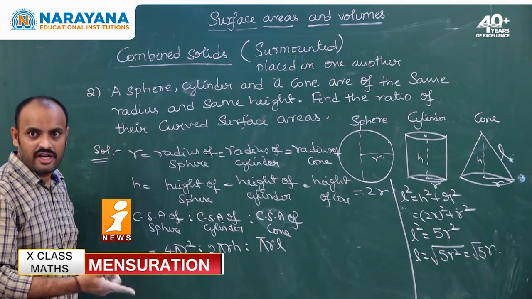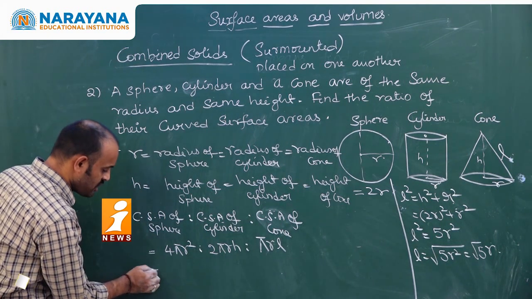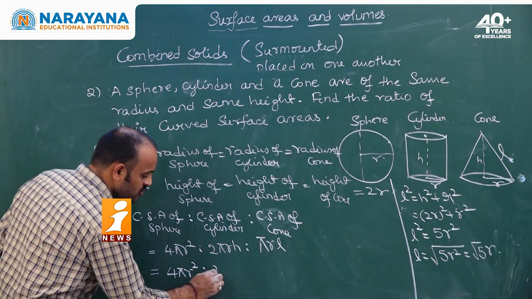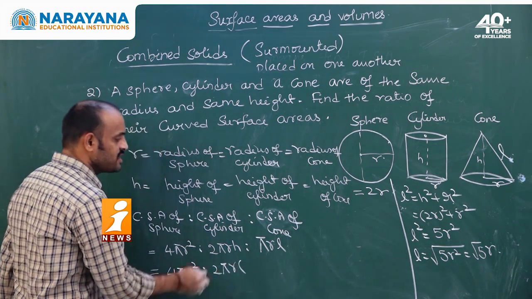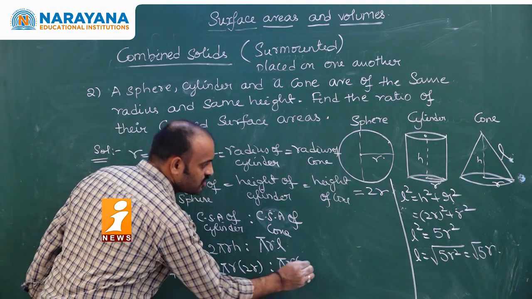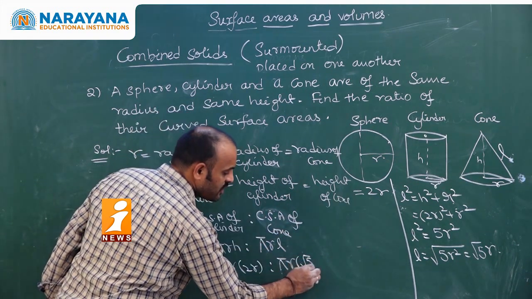Now we have radius and we have height. Substitute all the values. 4 pi r square is to 2 pi r into height, which is 2r, is to pi r into L, which is root 5 r.